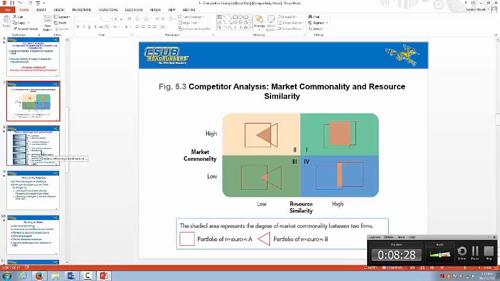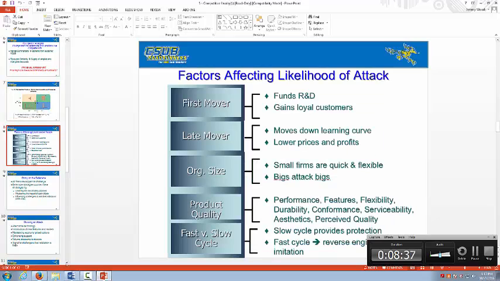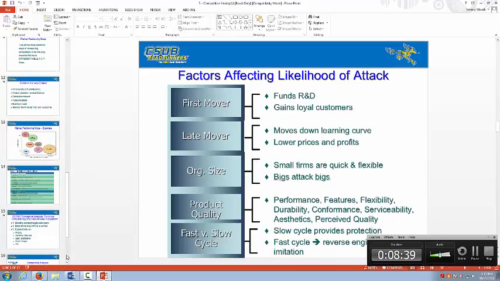So this concept of market commonality versus resource similarity, important to remember. And factors affecting the likelihood of an attack.